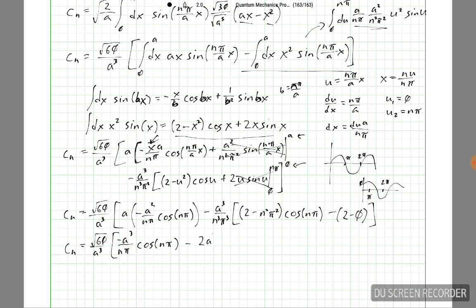So I get 2a cubed over n pi cubed plus, now I'm going to have a to the third, but you see my n pi squared and pi squared are going to cancel out. This is looking very convenient, isn't it?